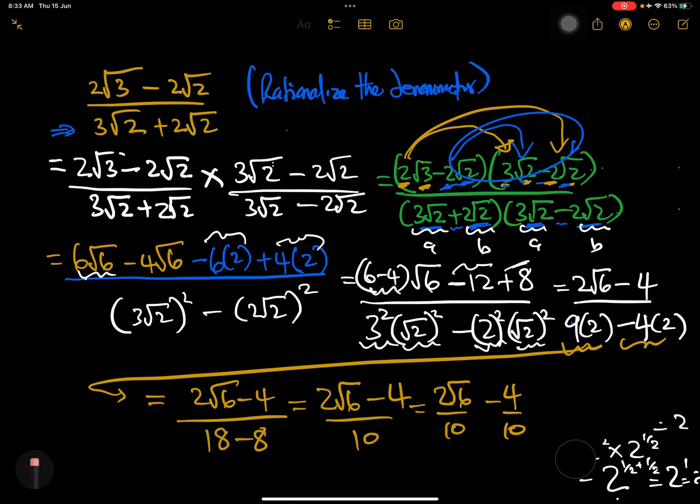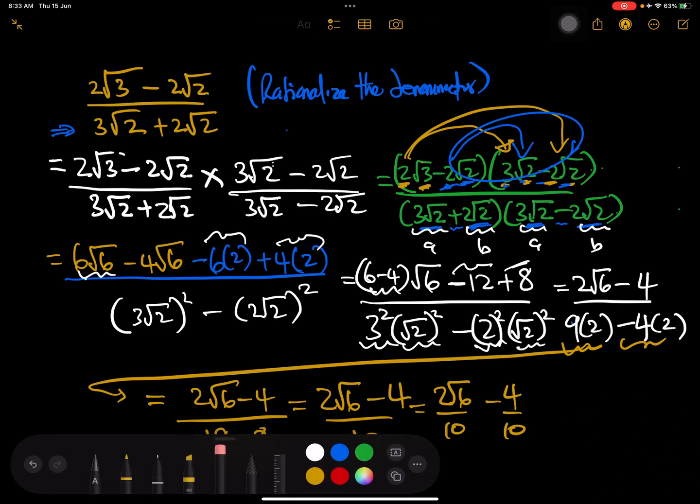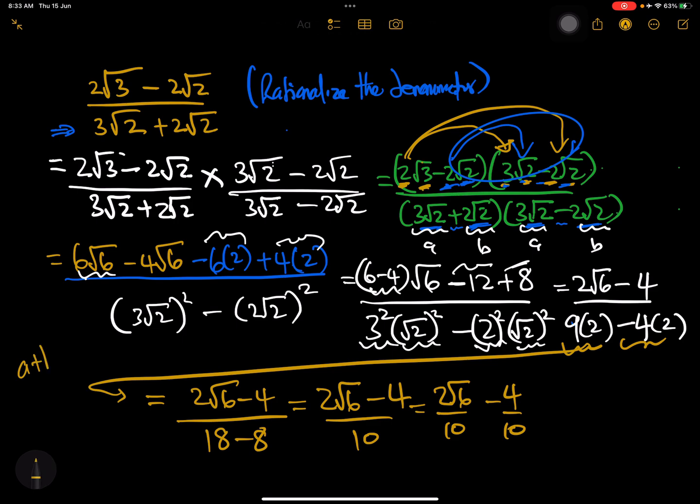When we are dividing something, let's say you have A plus B to the power of 2, divided by 2, it is the same as A over 2 plus B over 2, and that's what we just did here. This divided by this means that 2 square root of 6 divided by 10 minus 4 divided by 10. Then we are going to get 2 square root of 6 divided by 10, which is: this goes here 1, it goes here 5.